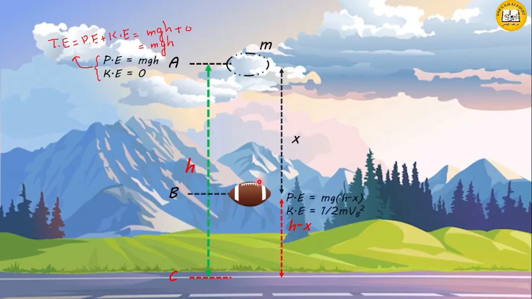Thus, the body will have potential energy equal to mg(h minus x) and kinetic energy equal to half m vb square, where vb is the assumed velocity of the falling body at position B. And we can find it using the third equation of motion.